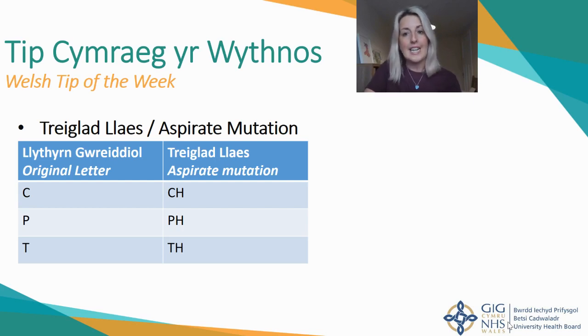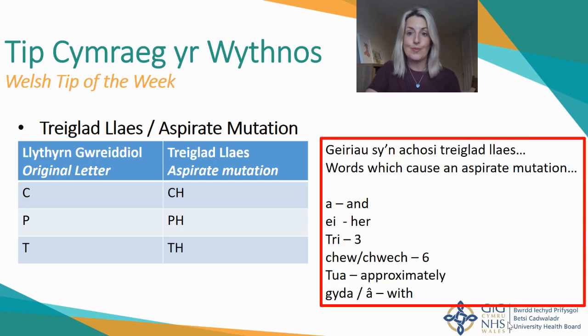But which words cause an aspirate mutation? These words here cause that mutation. A, meaning and. A, her. The numbers 3 and 6, tri and chwech.